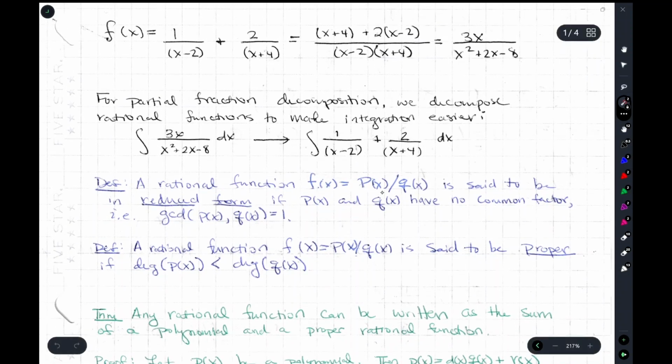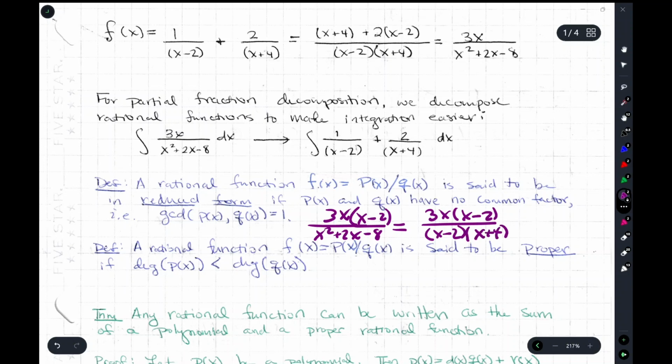A rational function is said to be in reduced form if it has no common factors in the numerator and denominator. Basically, if we start with, say, that polynomial that you see up there, but instead I multiply it by, say, x minus 2, you could see that we'll get a 3x times x minus 2 all over, and if we factor the denominator, we get that term here.